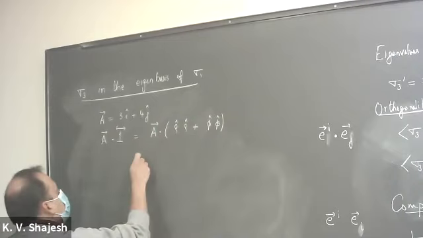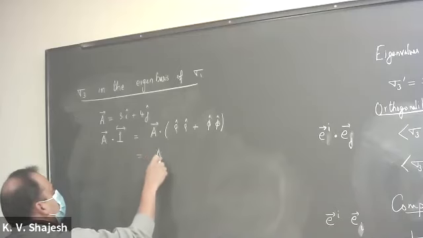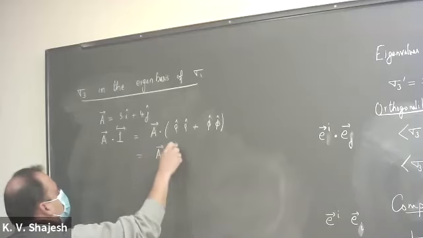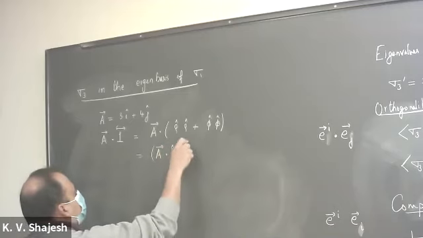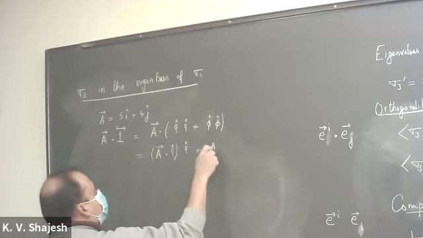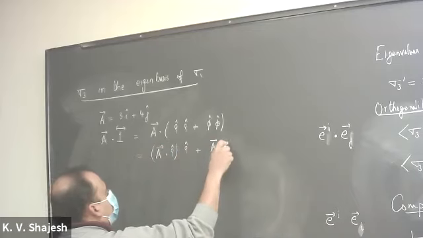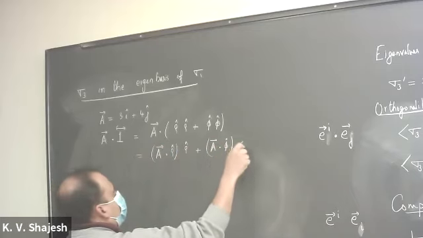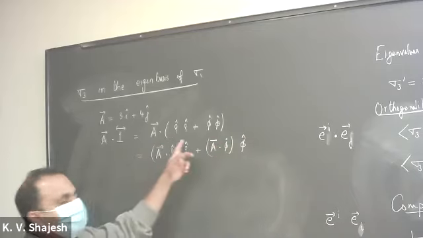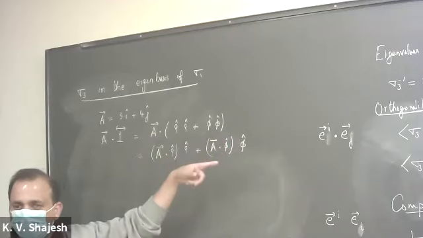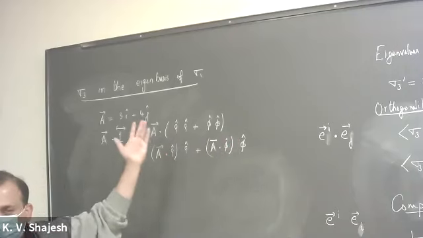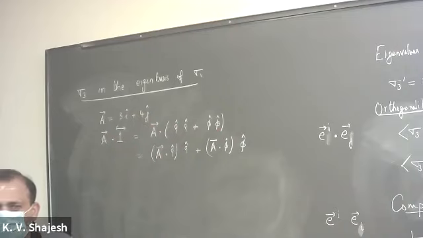And then I will do A dotted with rho hat and rho hat, plus A dotted with phi hat and phi hat. Is that clear how the completeness relation played an important role when I'm going from one to the other? That I just got to multiply by 1.